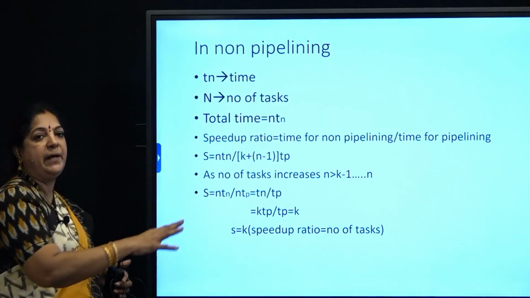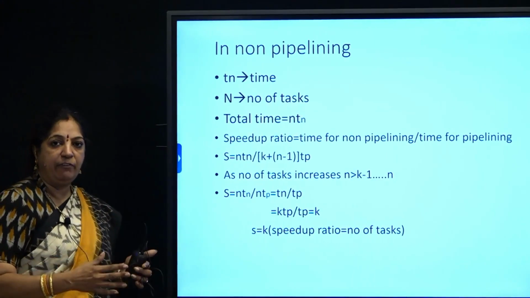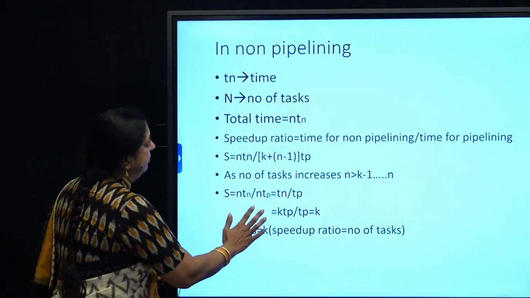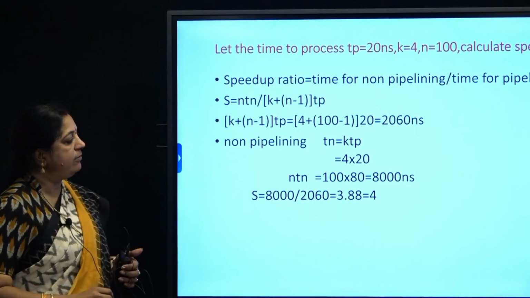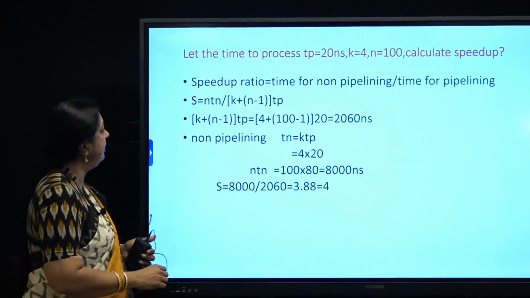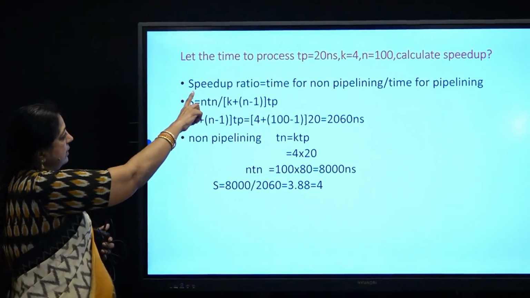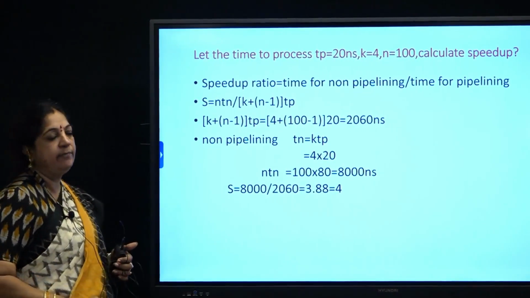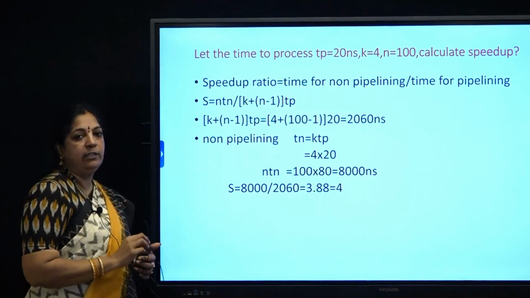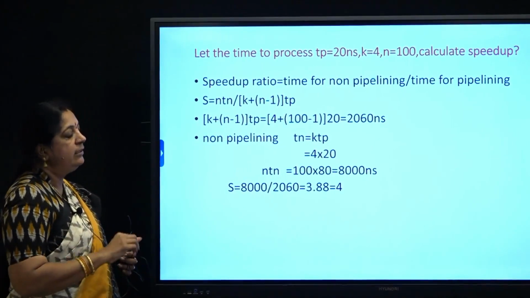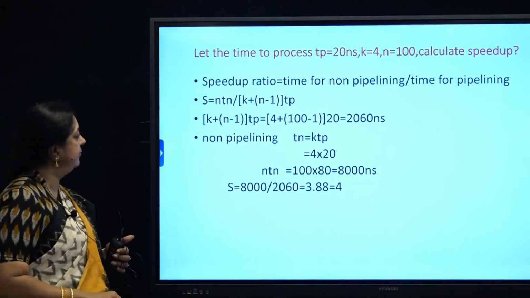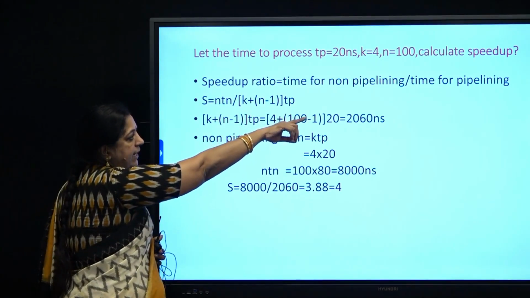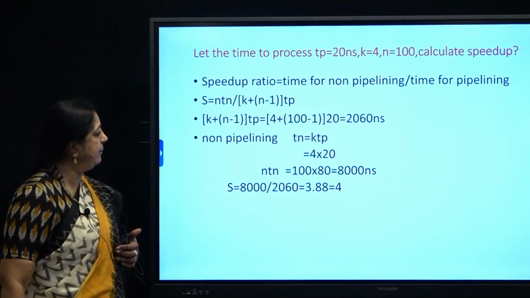So this is a comparison between the performance when you are using the pipeline and when you are not using the pipeline. Let us take one example and explain the same thing. Suppose Tp is equal to 20 nanoseconds, K is equal to 4, N is equal to 100. Now let us calculate the speed up. The speed up ratio is the time for non-pipelining divided by the time for pipelining.